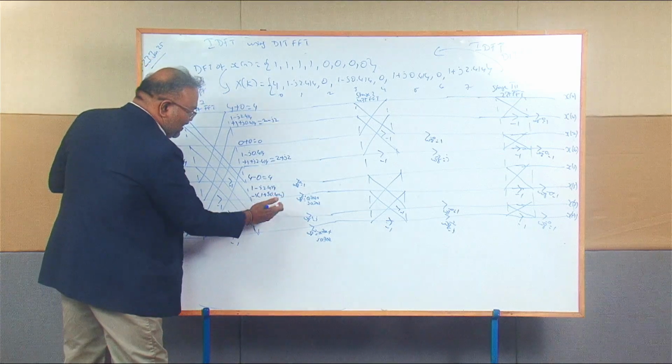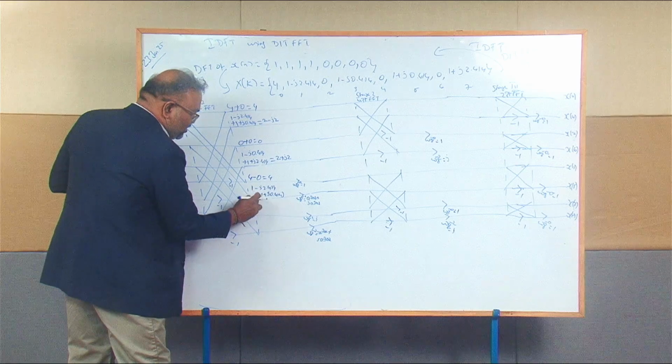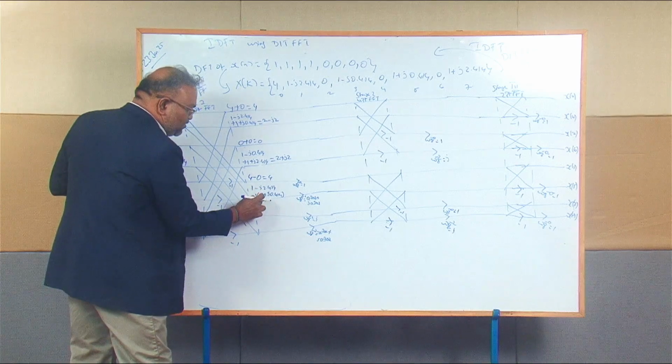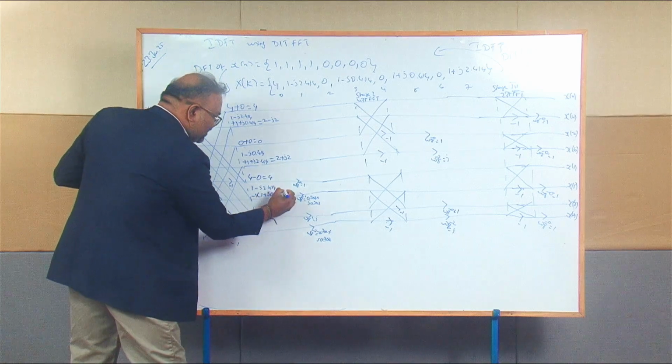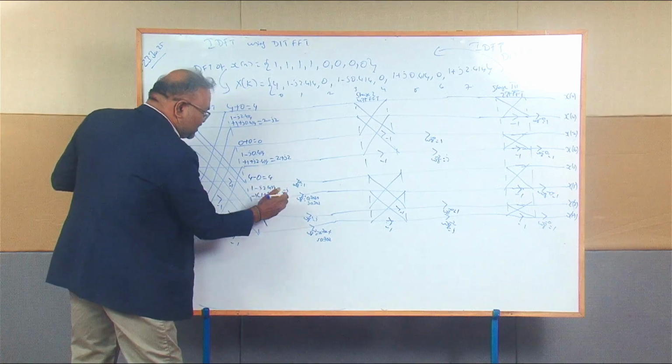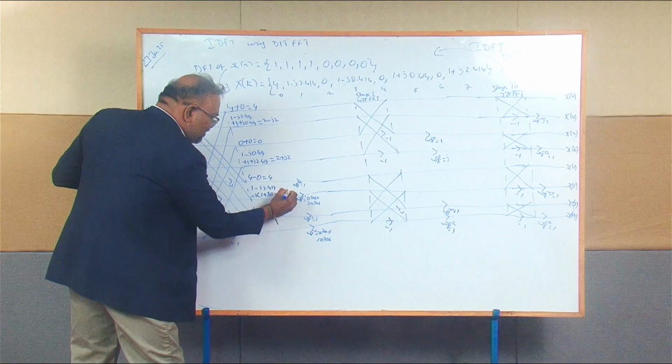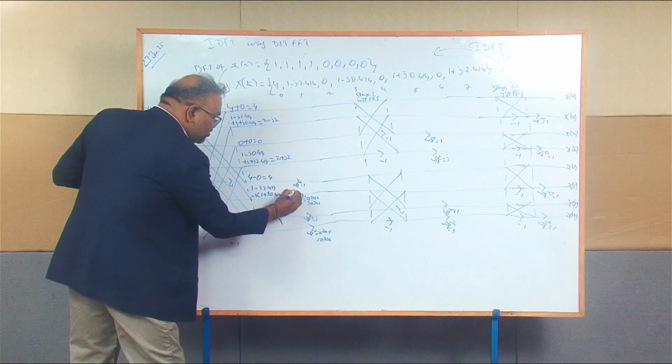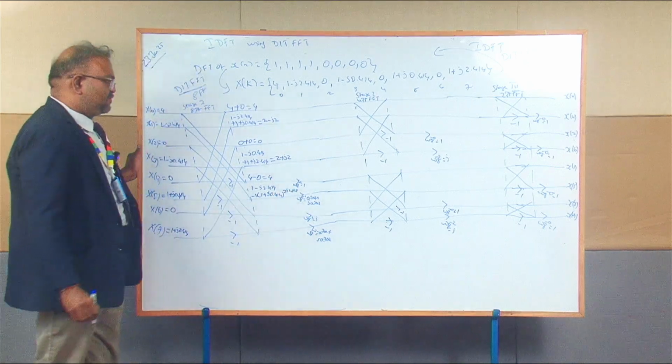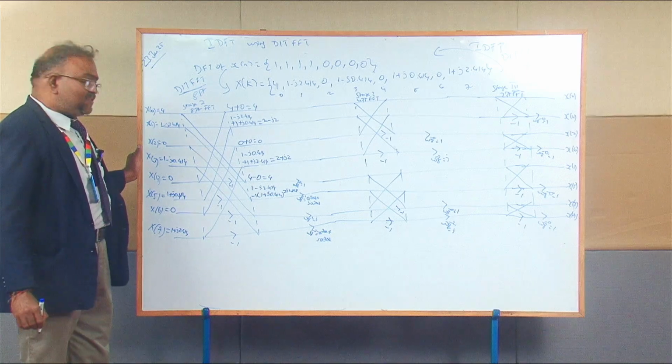If I bring this minus sign inside, it will become minus 1, plus 1 and minus 1 will get cancelled here. Here also it will come as minus 1. So, I have to add these two signals, minus j2.828. Okay, this is the value here.